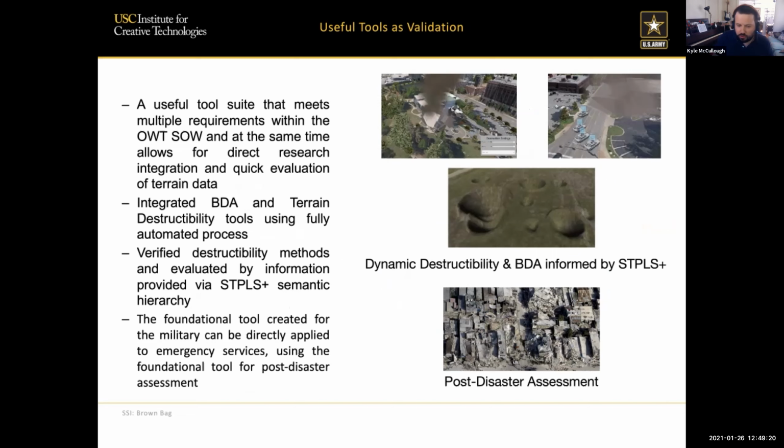Some examples of those tools, and how we're analyzing those metrics and how they can be used for validation: the Army, and the Department of Defense in general, has a need for battle damage assessment. So being able to take a 3D terrain data set, as if a battle had happened, as if ordnance had been exploded, depending on the scenario, what may have happened to this terrain and how has it changed over time with dynamic destruction, dynamic deformation, and this again, all being informed by the data model.